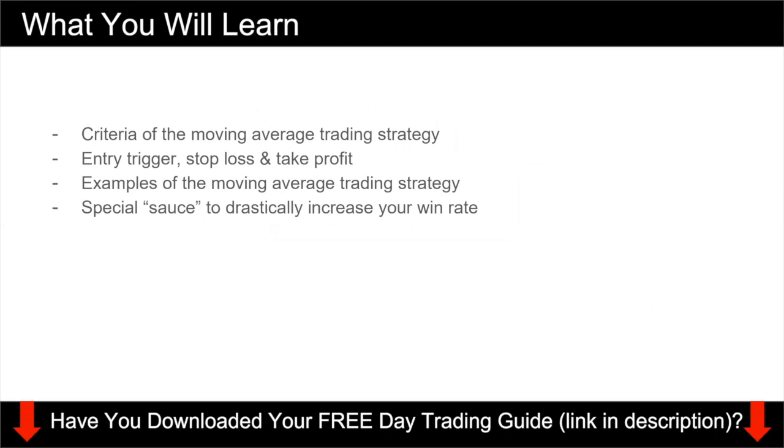Basically, you're looking for a trend and you're trying to catch a pullback to enter into the existing trend. I'll go through the entry trigger, meaning how you enter the trade, where you put your stop loss, how you take profit, and all those good stuff. So it's a full walkthrough. I don't leave you hanging. I give you the entry, stop loss, and the take profit.